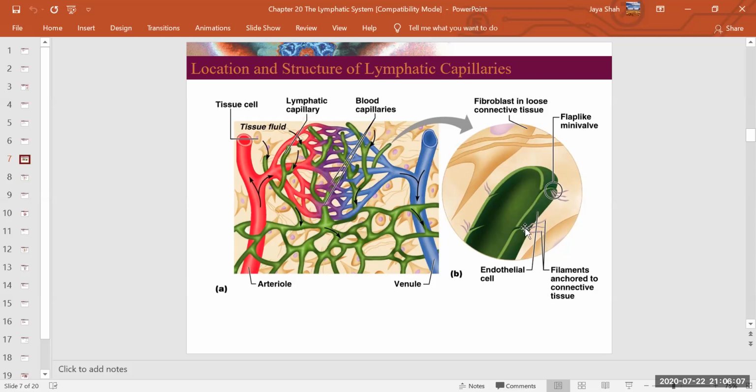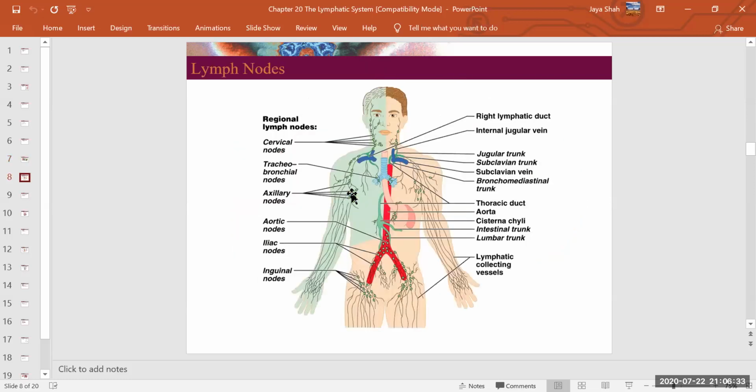You see blind-end capillaries, but there is a valve. So fluid from the tissue can only come into the lymphatic capillaries. It cannot go back because this mini flap-like valve does not allow the lymph to come out once it gets inside, okay? So these lymphatic capillaries then carry fluid and take it to the lymphatic duct.